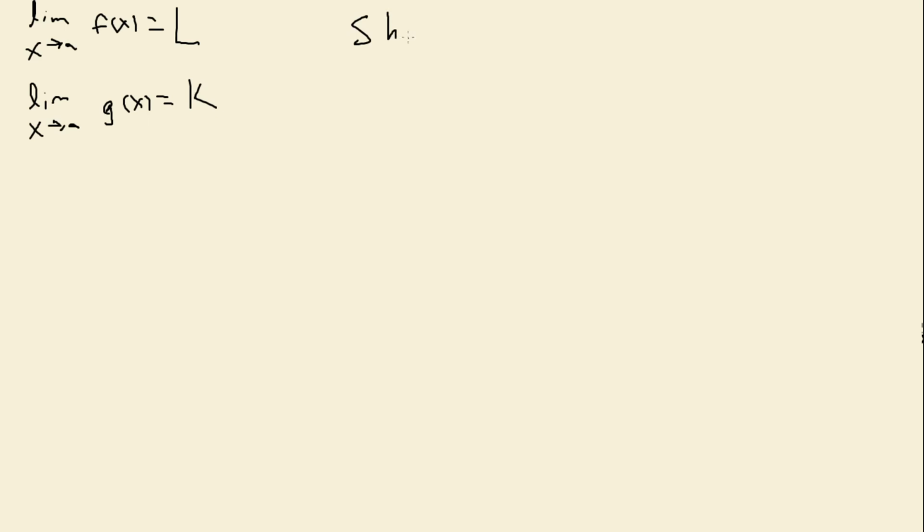And we want to show that the limit as x approaches a of f of x times g of x is equal to the limit as x approaches a of f of x times the limit as x approaches a of g of x, which would just be L times k.